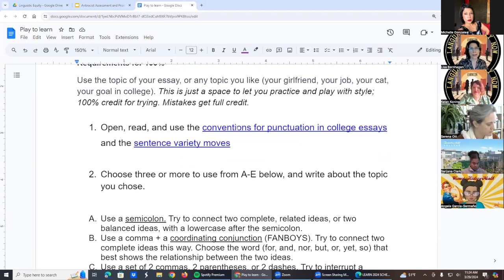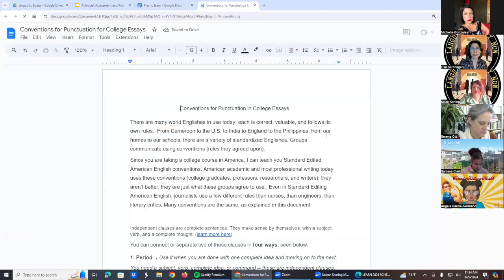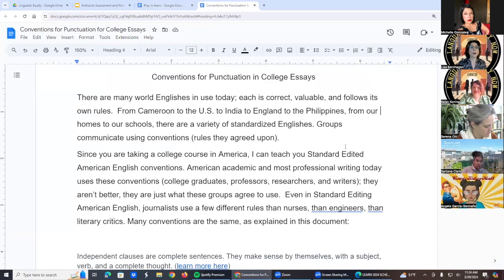So I give them this handout on conventions for punctuation in college essays. So just to let them know, there are many world Englishes in use today. Each one is correct, valuable, and follows its own rules. Across the world, there are a variety of standardized Englishes, and groups just communicate using conventions.